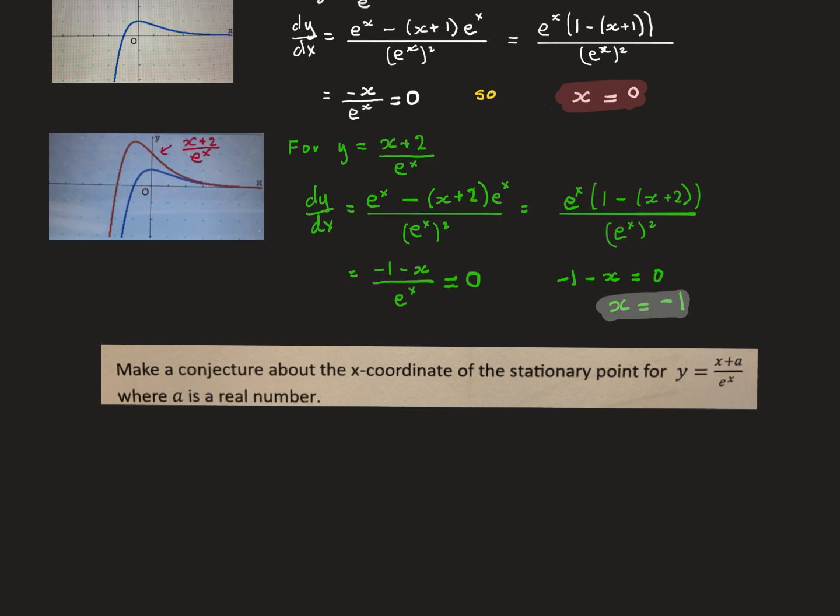And now we come to that question where you have to make a conjecture about the x-coordinate of the stationary point. But you will do it for y is equal to x plus a over e^x, where a is a real number. So instead of 1, 2, 3, you're using a real number.